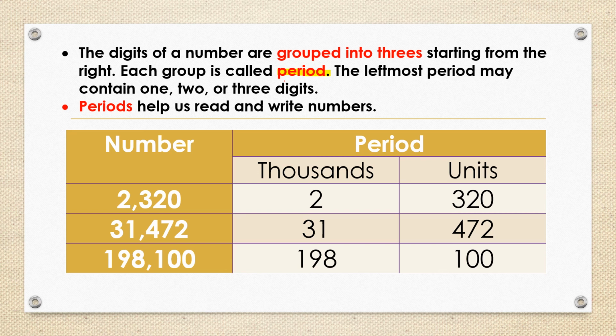It can be 1 digit, or it can be 2 digits, or it can be 3 digits on the leftmost period. Now, this period is very important. Why? Because it helps us read and write numbers. Without periods, it would be really hard for us to read and write numbers, isn't it?